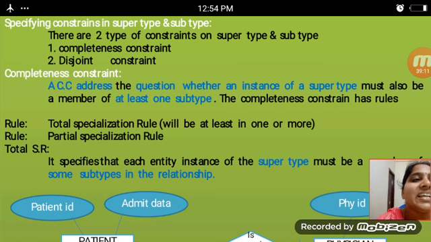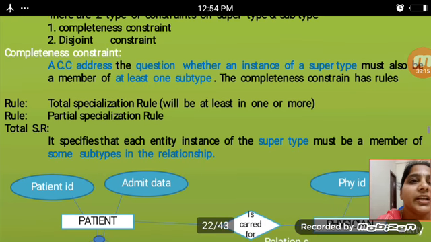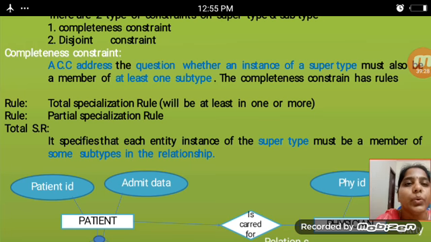The completeness constraint has some rules. Rule 1 and rule 2 will be there. Rule 1 is the total specialization rule, at least one or more. And then the partial specialization rule will be there.